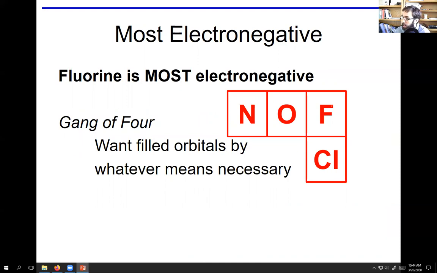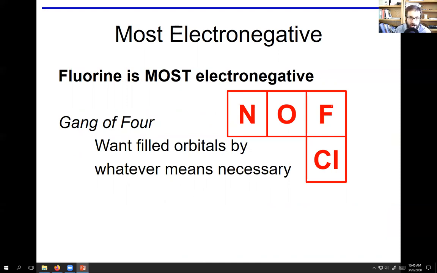Fluorine is at the top right of the periodic table, okay? Helium looks like it's at the top right, but helium's a noble gas, so that doesn't count. Noble gases can't form compounds, so you can't talk about electronegativity for noble gases. Fluorine is the top rightmost element that isn't a noble gas, hence it has the highest electronegativity.